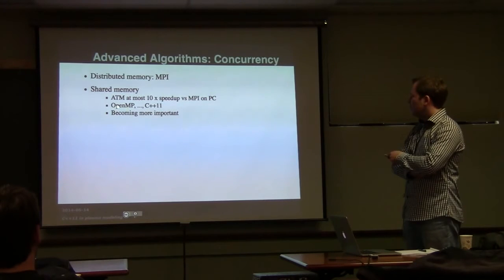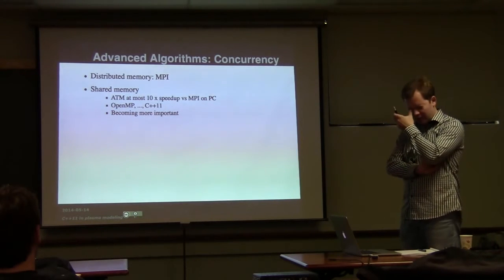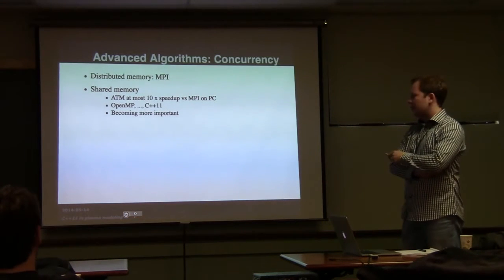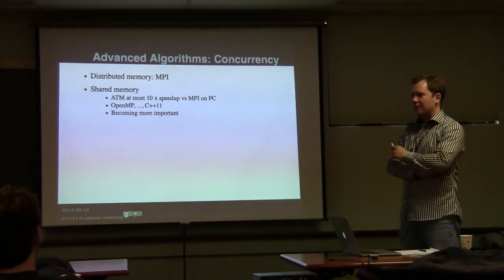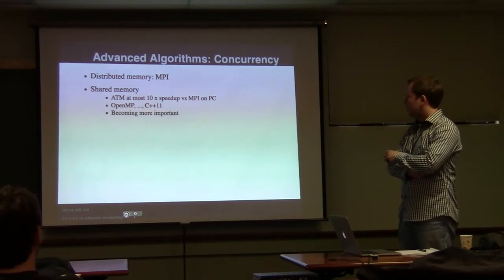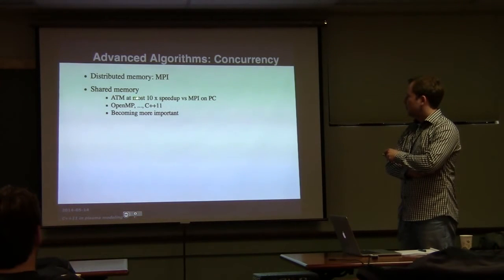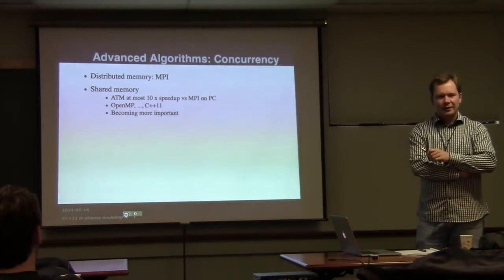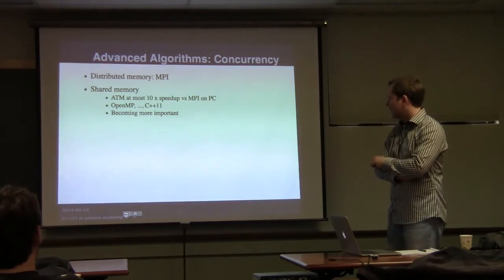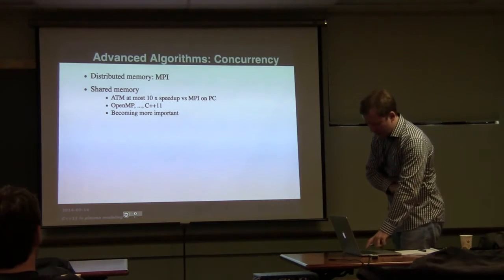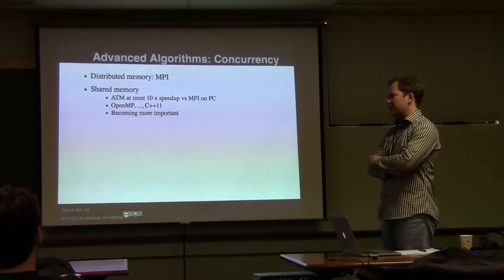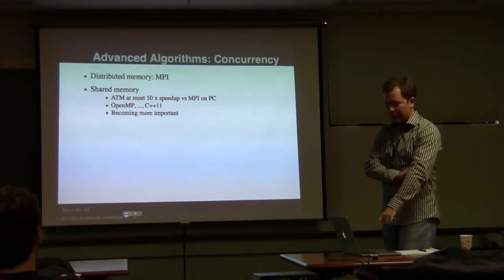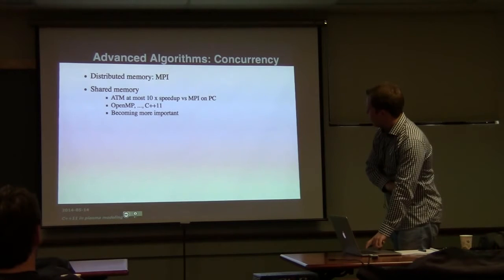OpenMP has been the usual, quite popular way to do this, and now C++11 is also looking quite good for this work. Shared memory concurrency is becoming more and more important as the core counts increase. But the Xeon Phi, I guess, is the first one where at least the vendor is saying that you really can't do this with MPI, you have to use threading.